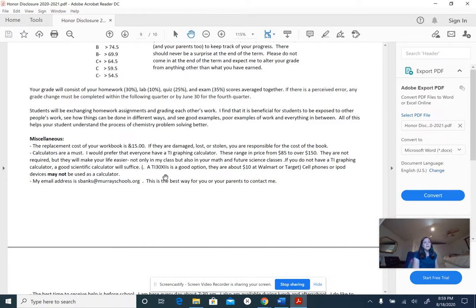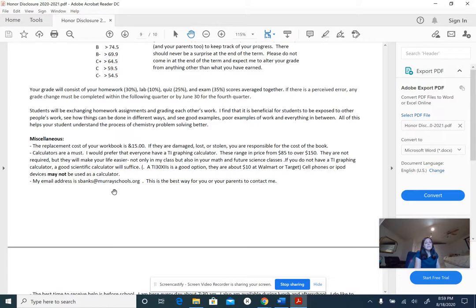Okay? TI 30XIIs are a good, cheap option for a calculator if you don't want to get a graphing calculator. They are about, I think last time I looked at Target and Walmart, they were about $10 to $12, depending on whether they were on sale or not.